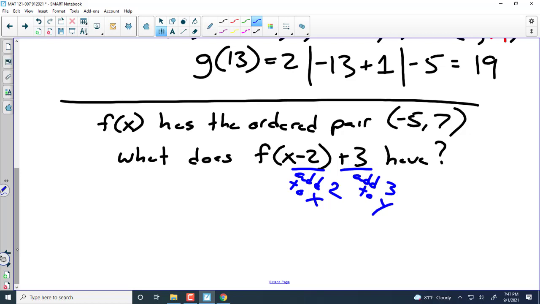Whatever this new one is, it has a horizontal shift and a vertical shift that's going to spit out -3, 10. Done. I can't check my work on this one because I don't know what the actual function is. But I still can say, if we start with this ordered pair and we have this type of transformation happening, a vertical shift and a horizontal shift, this is what I'm going to end up with. Every now and then you'll encounter a mystery function.